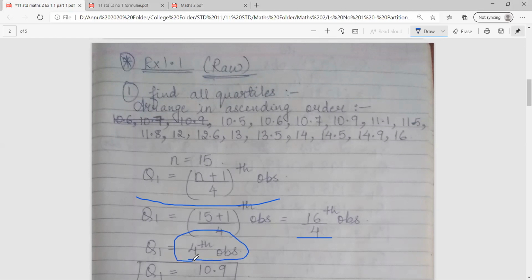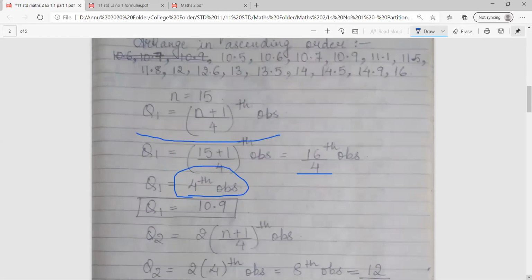It is compulsory to write the word OBS everywhere until you reach the last step, because that is not your exact answer. The 4th observation means, in the ascending order, the fourth observation of the data. After counting 1, 2, 3, 4, this is my fourth observation. So the value of Q1 is 10.9. I hope you are all clear with this part.